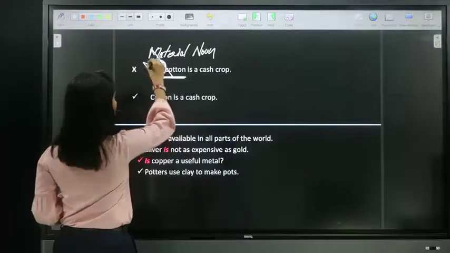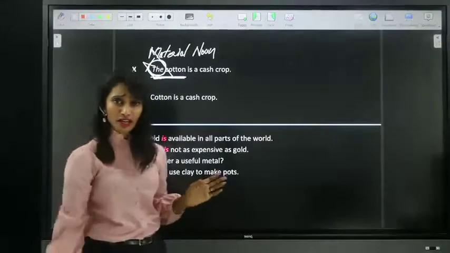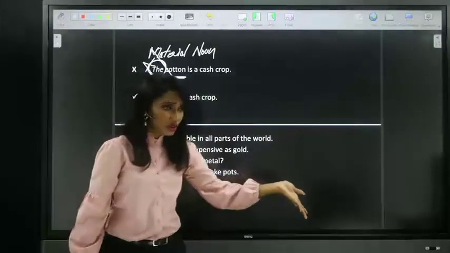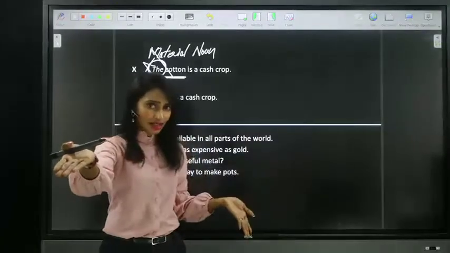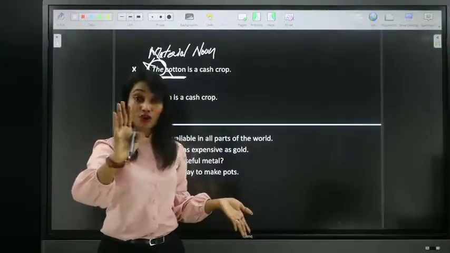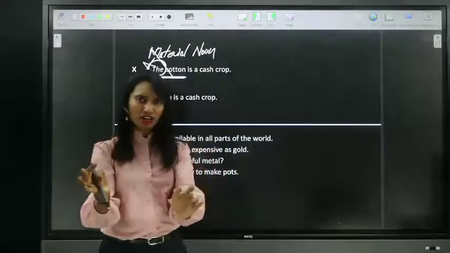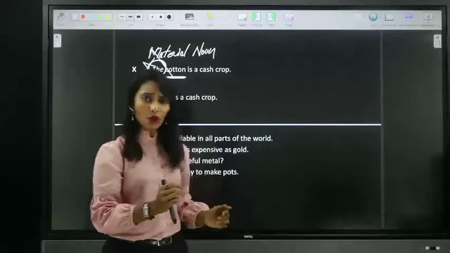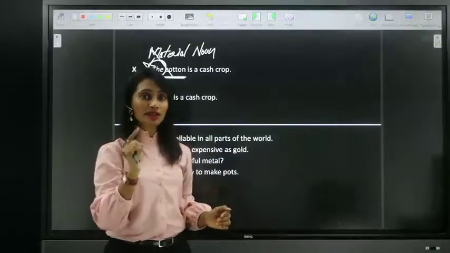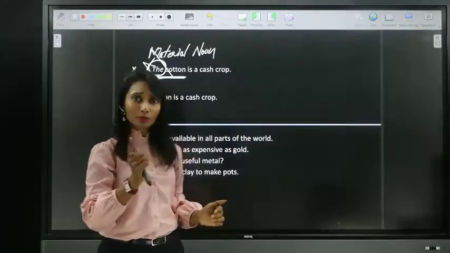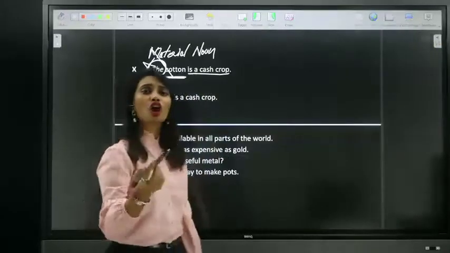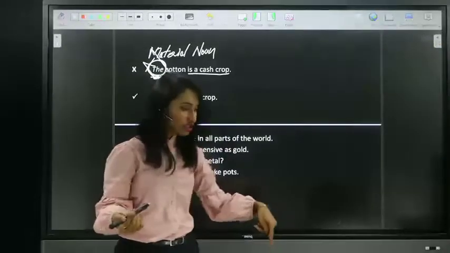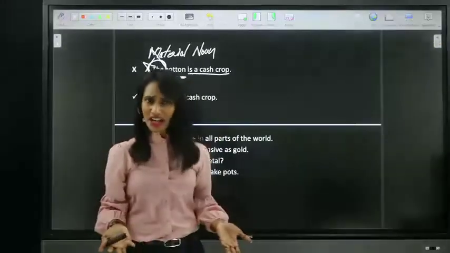We should not use any article before material nouns, because saying the cotton means only this cotton is a cash crop, not that cotton. We are not specifying any cotton here. If you talk about any particular cotton, then you can say the cotton. Here we are not particularizing because the sentence is a general statement. Cotton is a cash crop, not only this cotton. Any cotton is a cash crop.